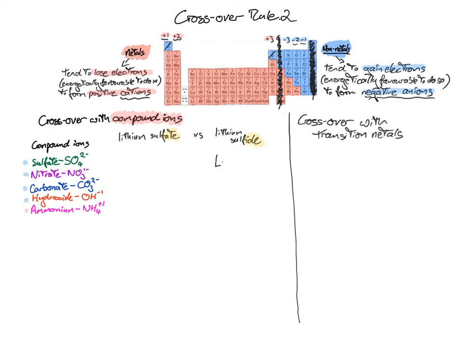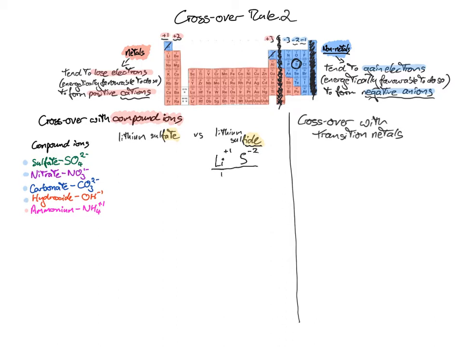Lithium, Li. Sulfur, it ends in sulfide, so it means it's derived just from sulfur itself. So that's just going to be S. If it ends in "ide", apart from hydroxide, which we'll come to in a bit, it's just derived from the element itself, so it's just the symbol with the requisite charge. So lithium is going to be +1, sulfide is going to be -2.